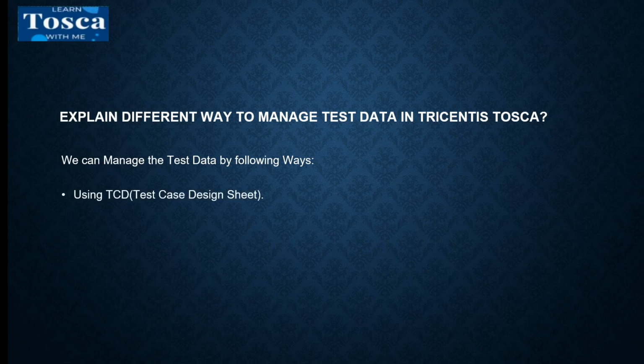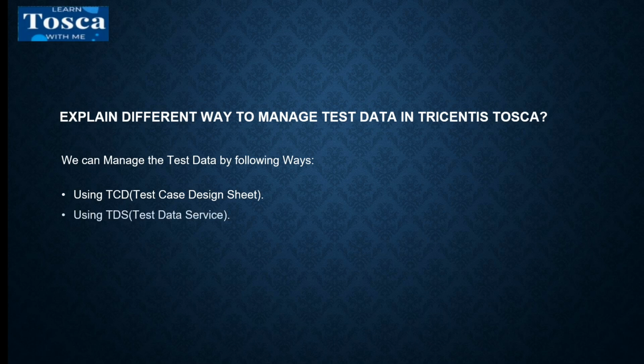First one is TCD. TCD is provided by default by Tosca, and it has an Excel kind of structure where you can store data row and column wise, which is internal to Tosca.